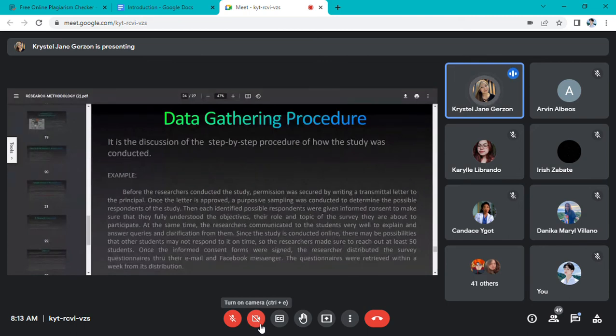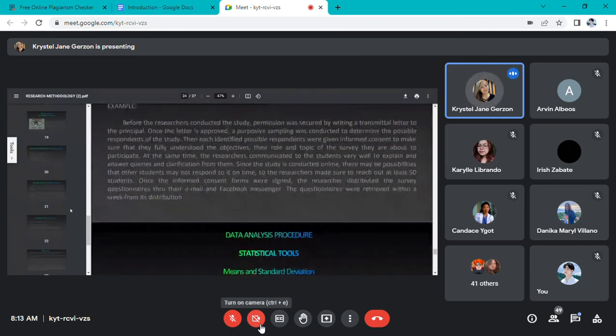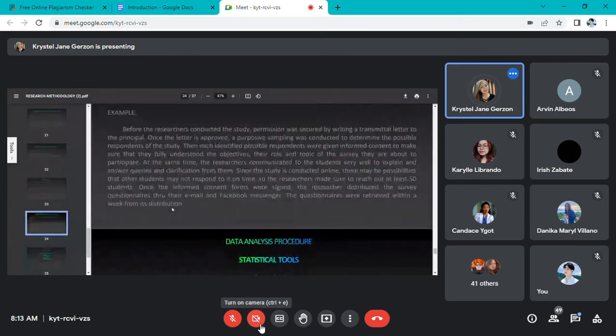So they will be given informed consent, and once they sign and fully agree on participating in the study, then you will proceed on giving them the survey questionnaire. Once they have answered the survey questionnaire, you will collect it back, and after collecting it, you will proceed to the data analysis procedure.